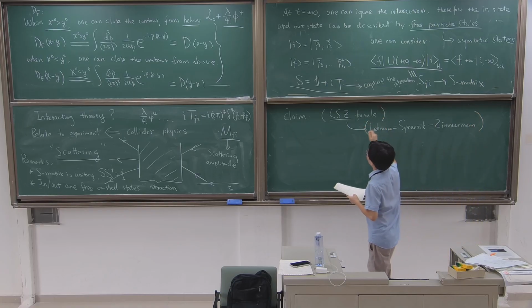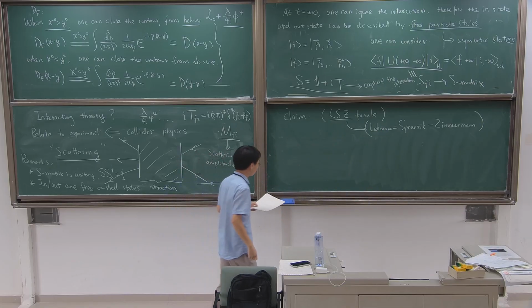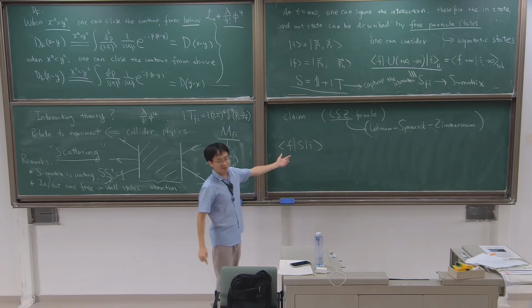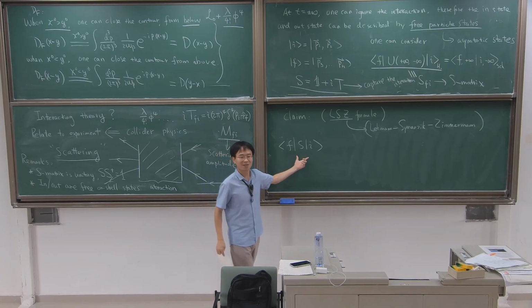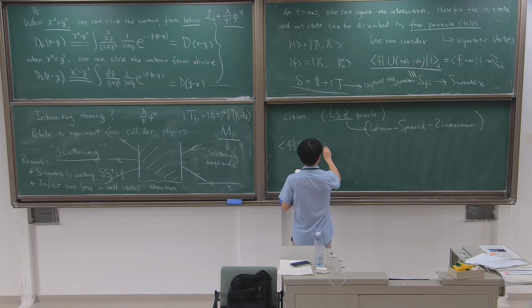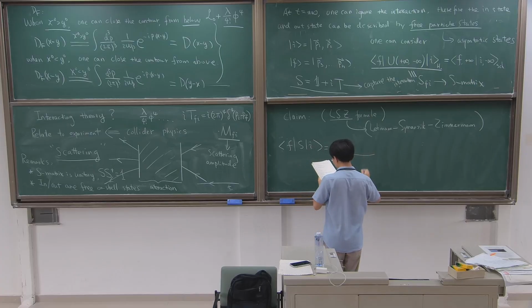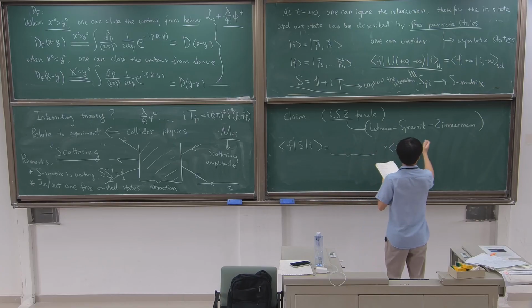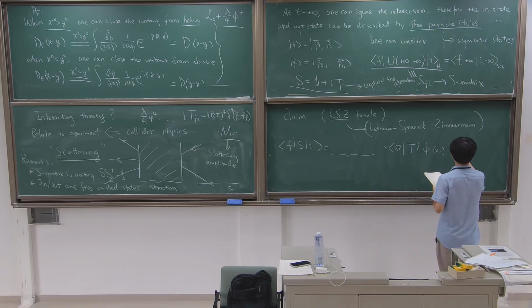By this so-called LSZ formula, we can directly relate the S matrix, and if I write it this way, it automatically means I'm working in the Heisenberg picture, to the correlation function. This part you should be familiar with, because this is nothing but the correlation function.